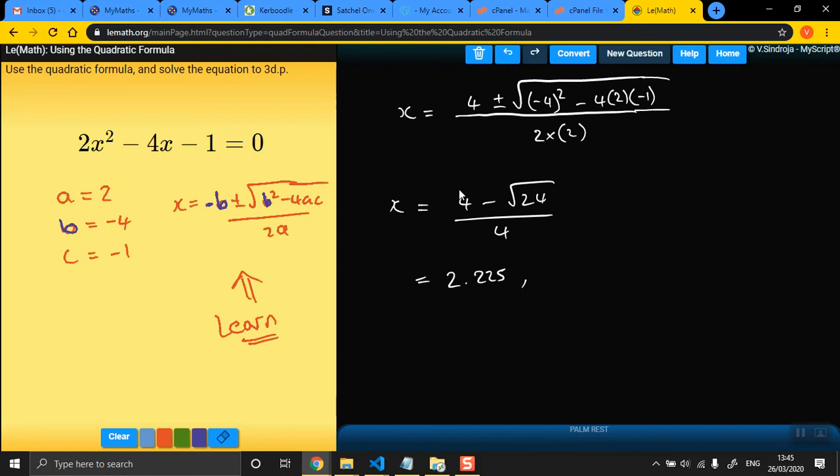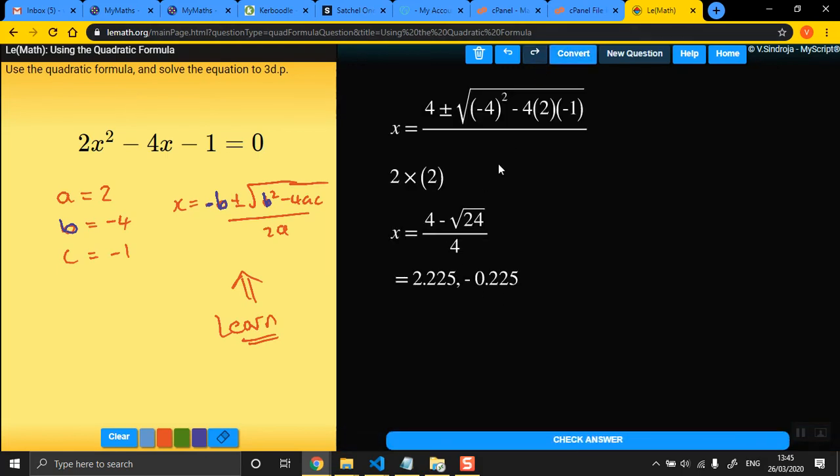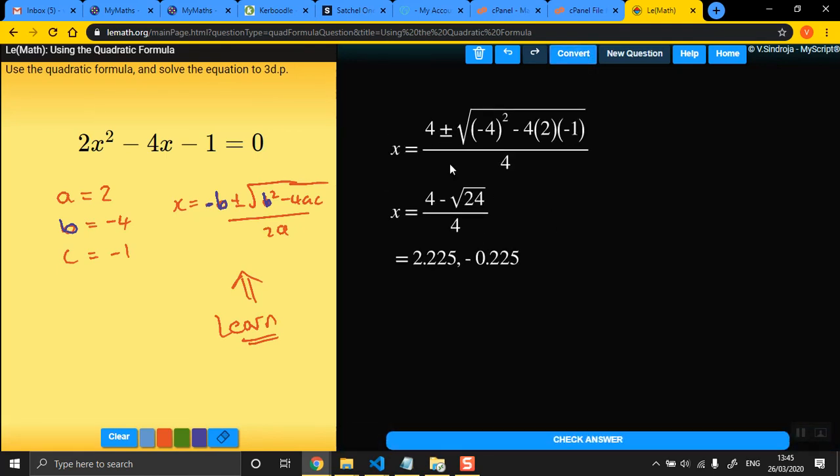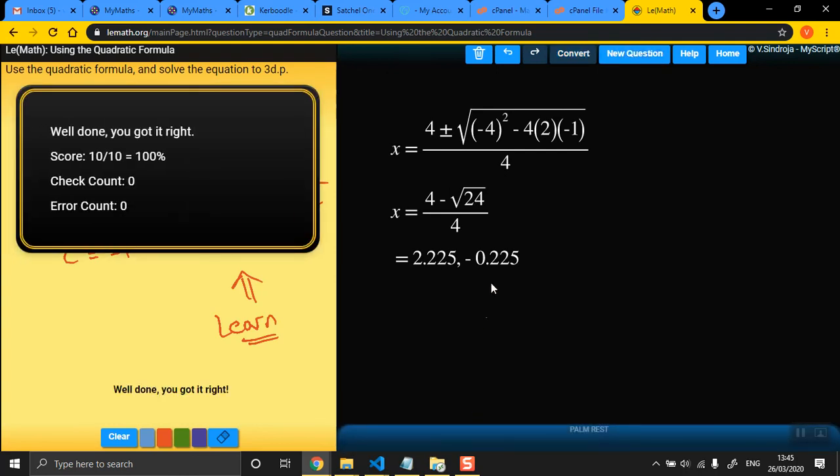So 4 take away square root of 24 divided by 4, and that is going to be negative 0.225. So they're the two answers for x. Let's convert that. I'm just going to double check because I want to get 100% on this. Let's convert that again. So yeah, they're the answers, to 3dp.